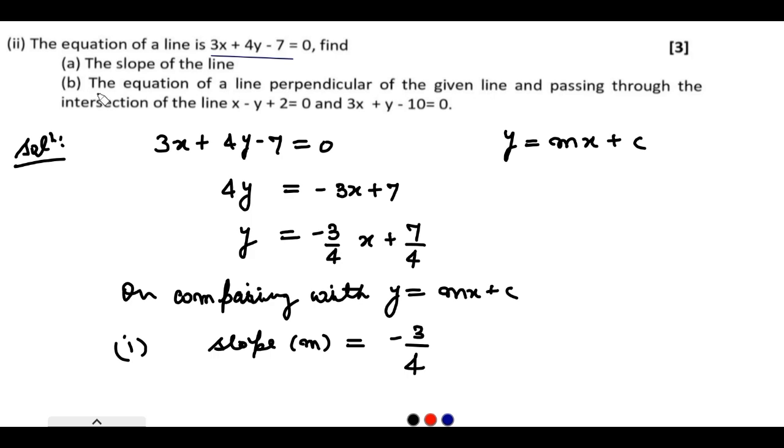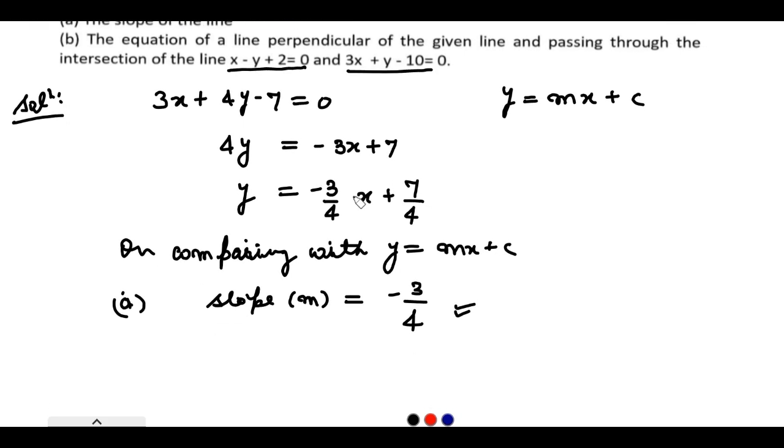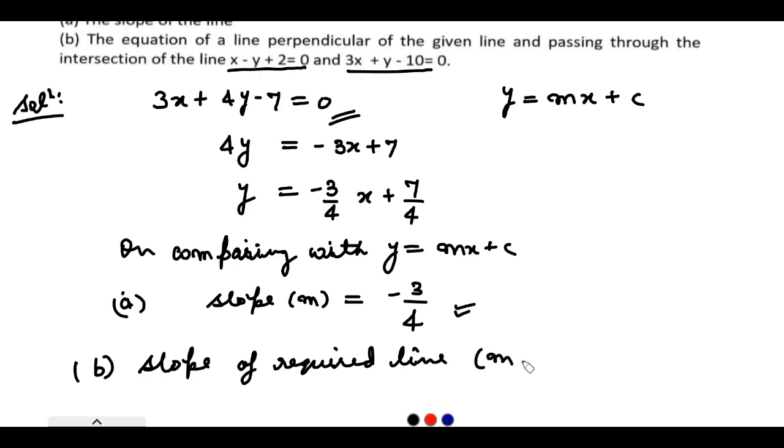In second part, the equation of a line perpendicular to the given line and passing through the intersection of the line this and this. We have to find the equation of line which is perpendicular to this line. Then slope of required line, suppose m1, is equal to minus 1 upon m, because line is perpendicular to this line, means 4 by 3.